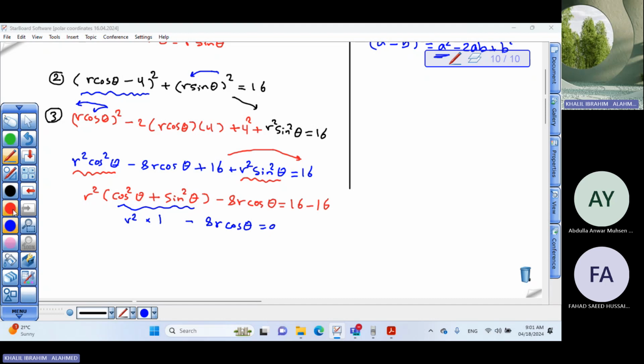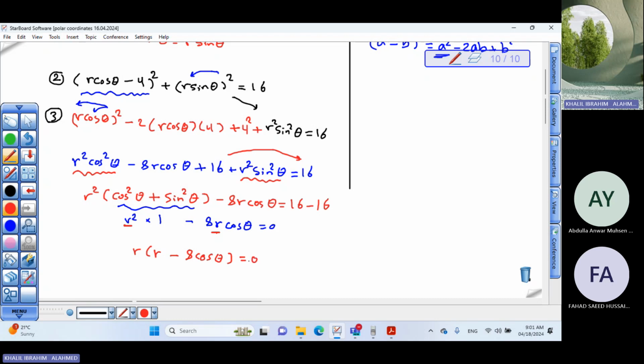Also here, as you see, we have r here and also r here. We can take r as a common factor. Take r as a common factor, and r stays inside the bracket minus 8 cosine theta equals 0.